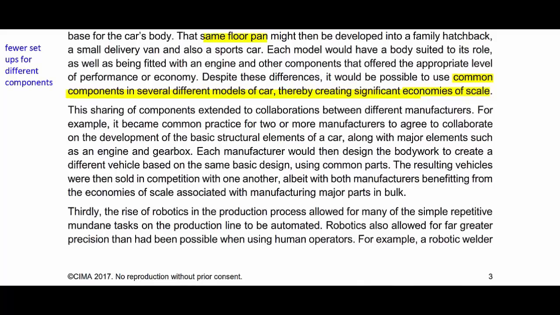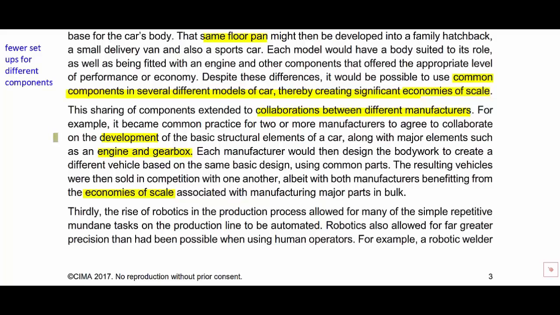Then we're told a little bit more about this development, the sharing of common components. Another development is that collaborations between different manufacturers are much more commonplace, where two or more manufacturers actually collaborate on the development of some element of the car, such as engines and gearboxes, etc. They work together on that in the design and the manufacture, again achieving those key economies of scale because of the fact that they can produce those parts in bulk.